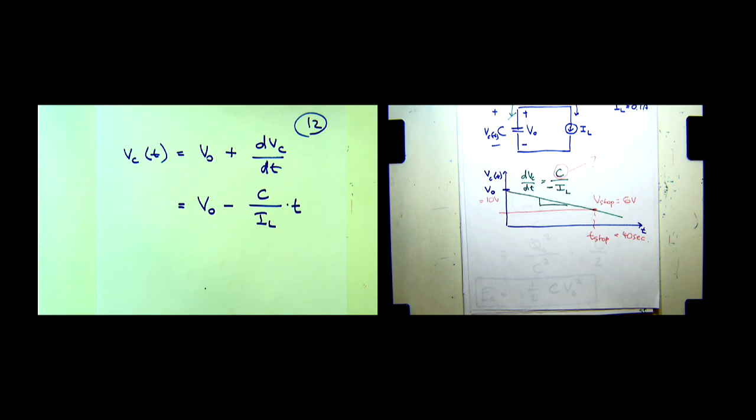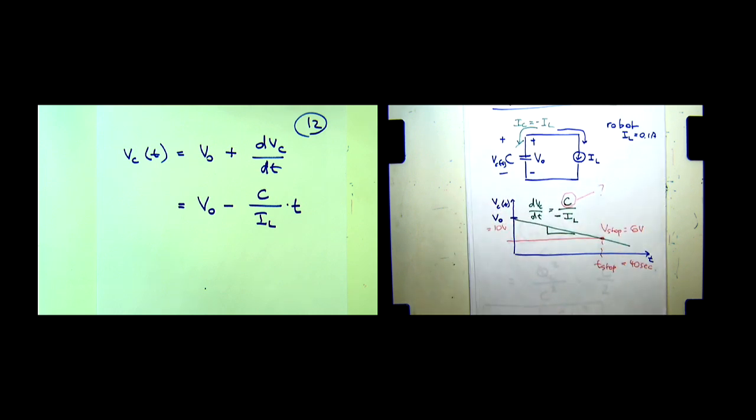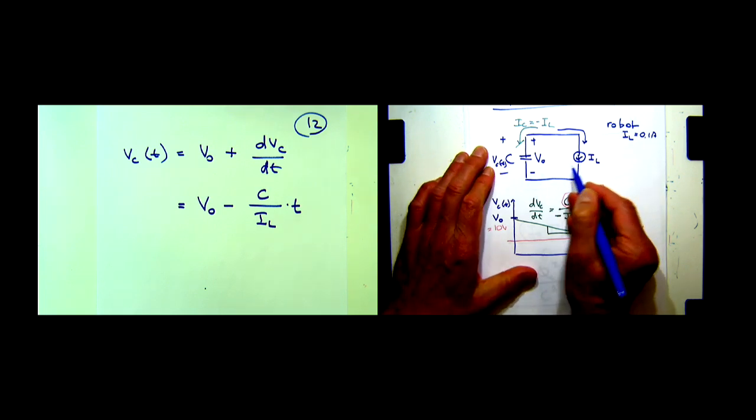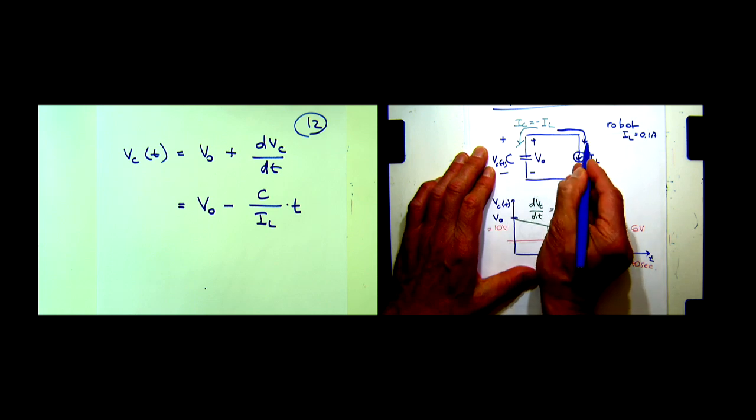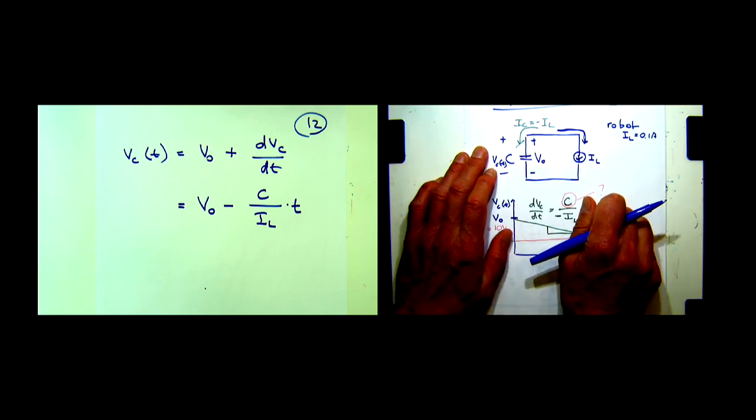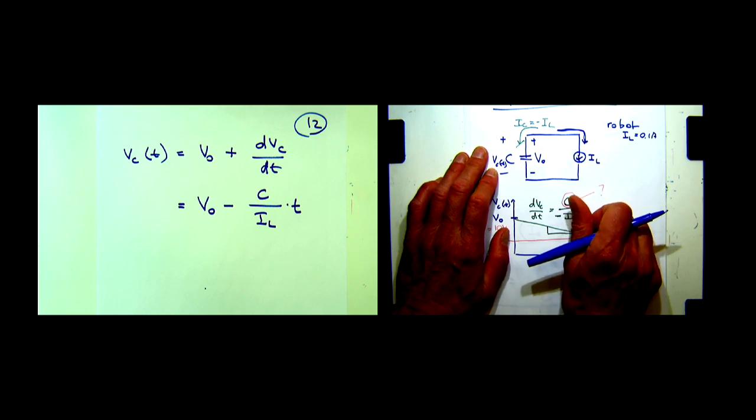If current runs out of the capacitor like this, the voltage across the capacitor is going to decrease, right? So there must be a minus sign there.